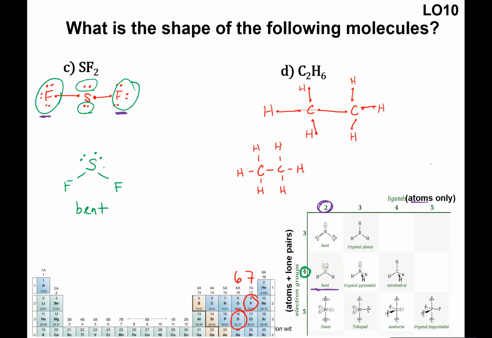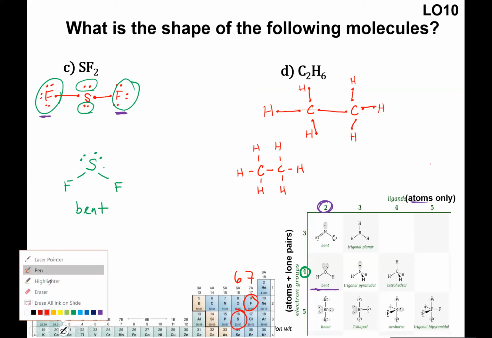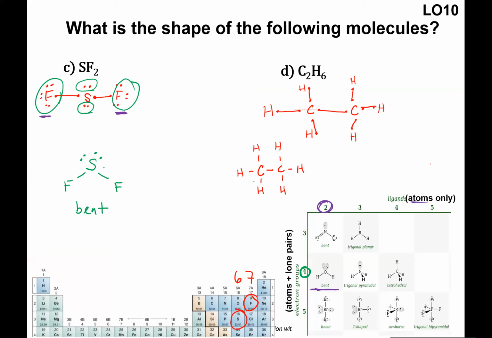So now when we talk about shapes in a molecule like this that has more than one central atom, we talk about identifying the shape around a particular carbon. So in this carbon here, if I want to know the shape around this carbon, I would do the same process. I count the number of atoms and lone pairs around this carbon here. So that would be 1, 2, 3, 4 groups.